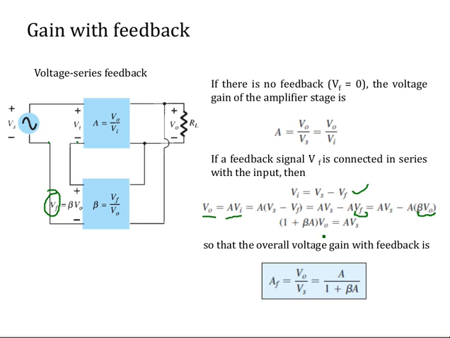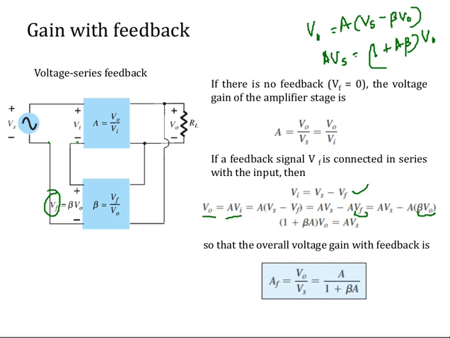So you get V0 is equal to A into Vs minus beta V0. Or if you take beta V0 to the left side, you get AVs is equal to 1 plus A beta V0. That is written here. 1 plus beta A V0 equal to AVs.